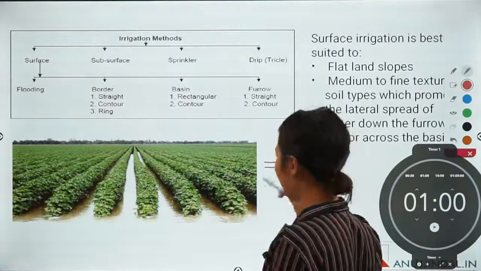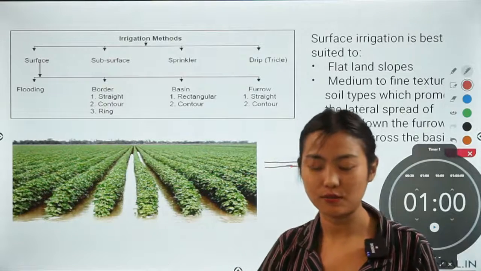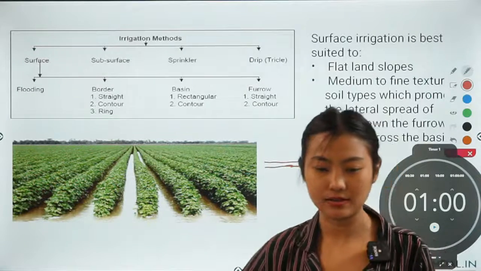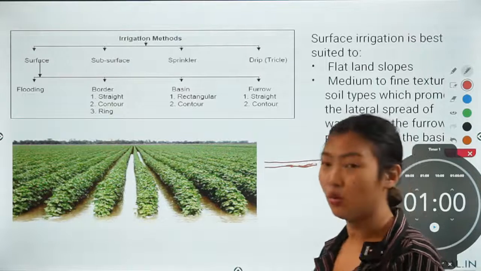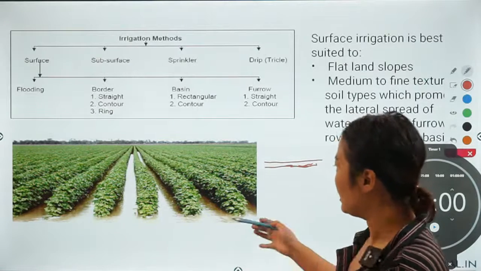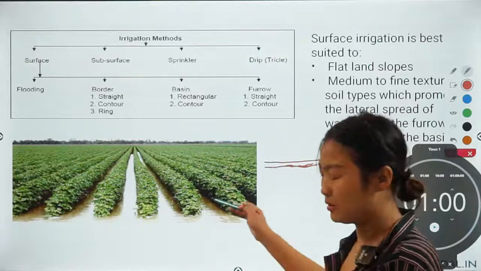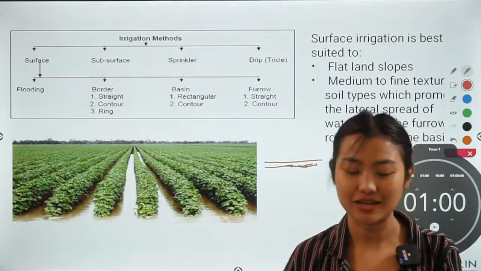The water is flooded or usually given in such a way that it's held by the gravity of the water, and in this way the irrigation is done, right?